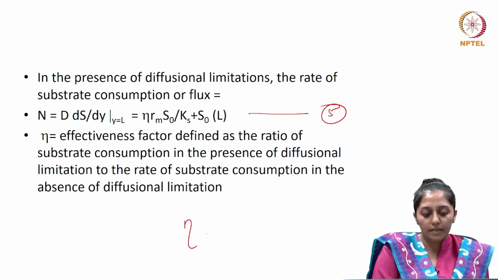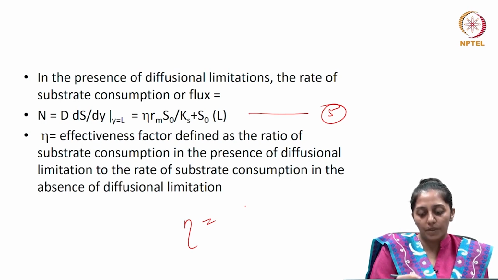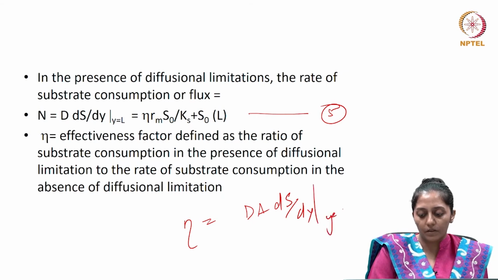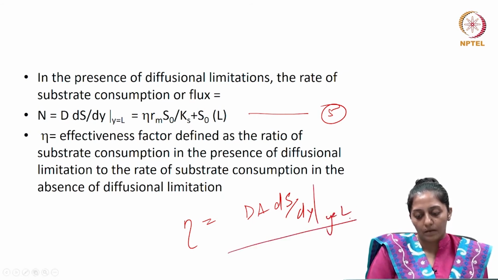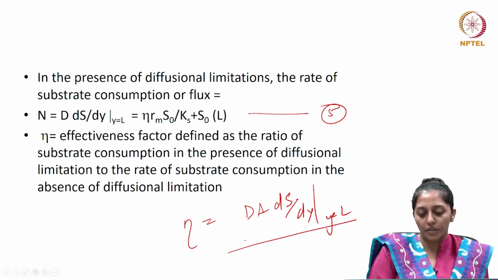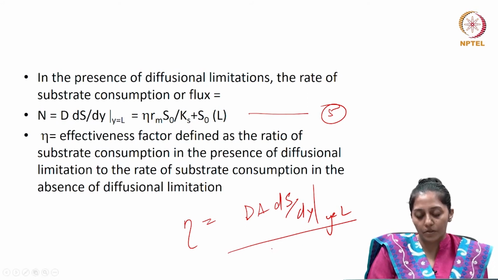So, efficiency factor is nothing but the rate at which the substrate is actually getting consumed in the reaction, which can be determined as dA ds by dy at y equals L, when there is some diffusional limitation, divided by the reaction rate in the absence of any diffusional limitations, which was Rm S naught by Ks plus S naught.